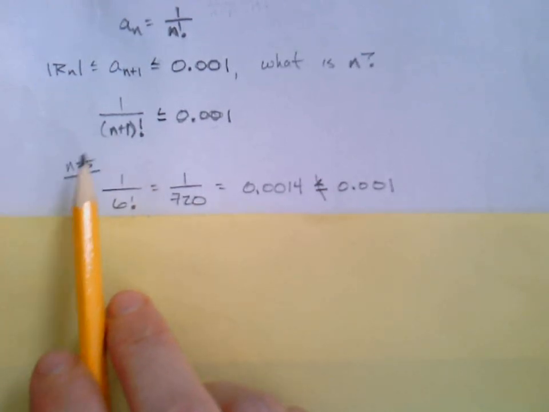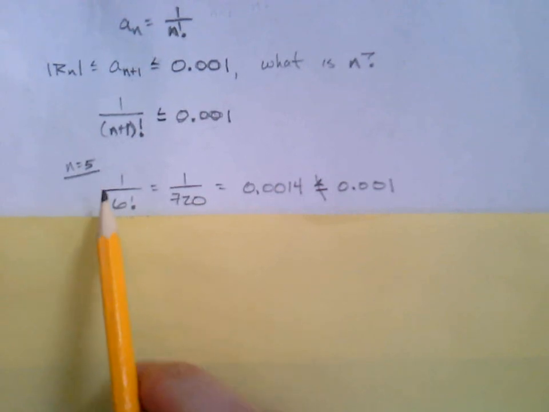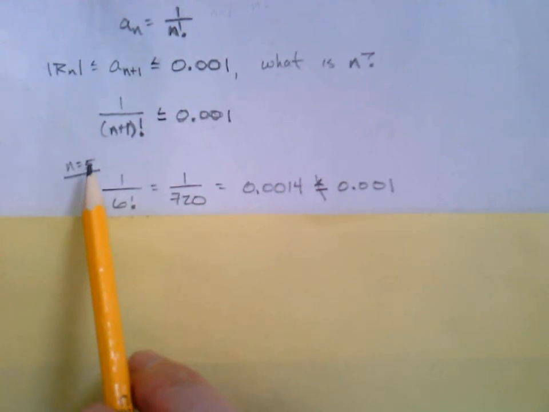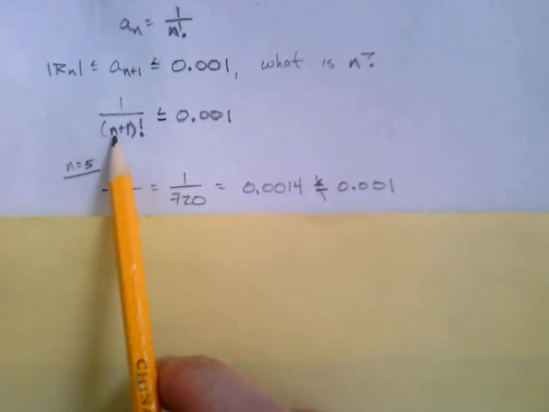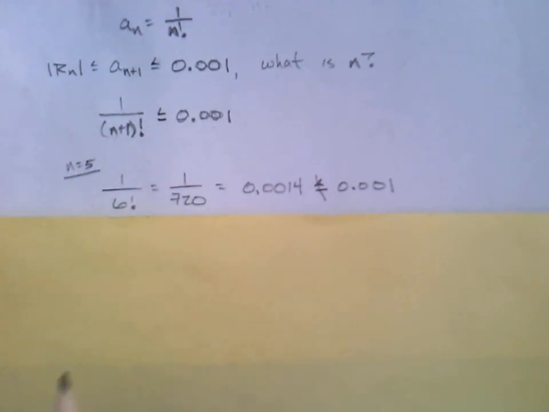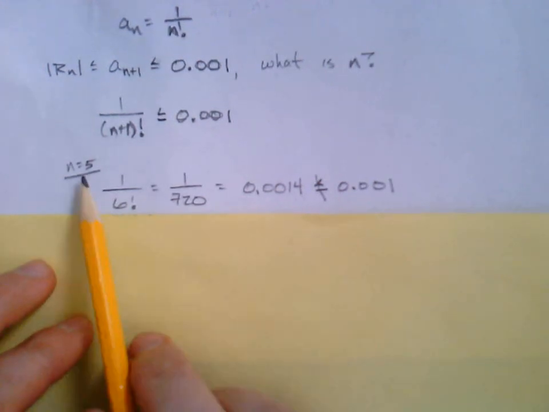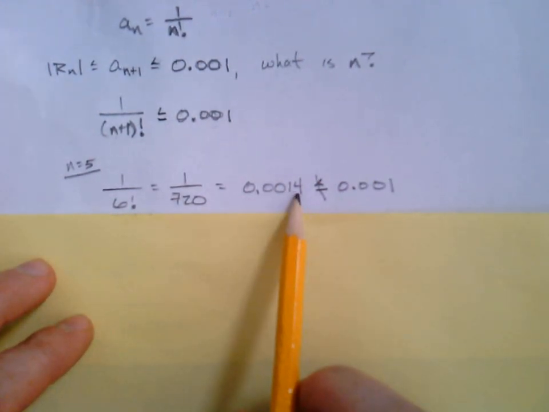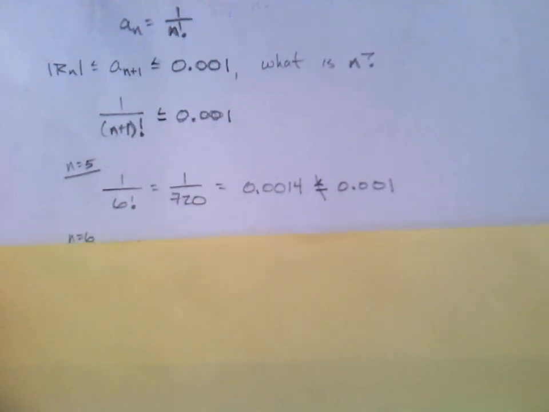Again, how did I know 5? I just guessed something. And I'm kind of cutting right to the chase here in this example. But maybe I would have guessed like 10 to start it off, 10 terms. And then I realized, oh, that's too much, and I would have scaled it back. N equals 5 comes right up on the edge. N equals 6 is going to do it.